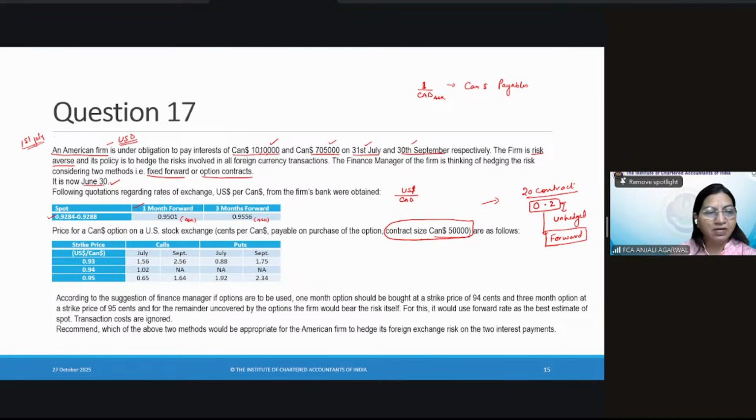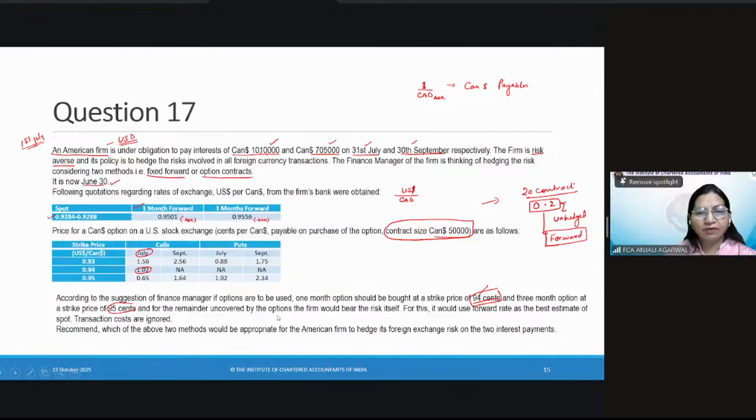So the three rates that are given are not relevant, because we have been specifically given that the 1 month option, July, would be exercised at 0.94 and September would be at 95. This is clearly mentioned.